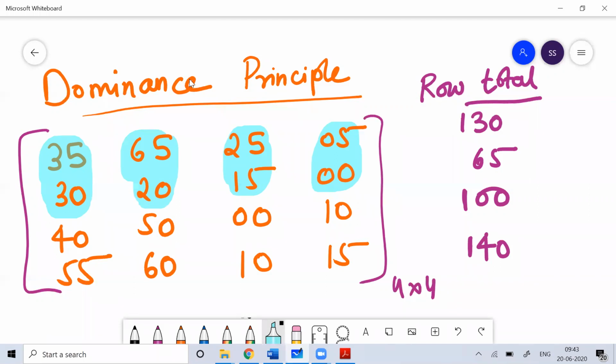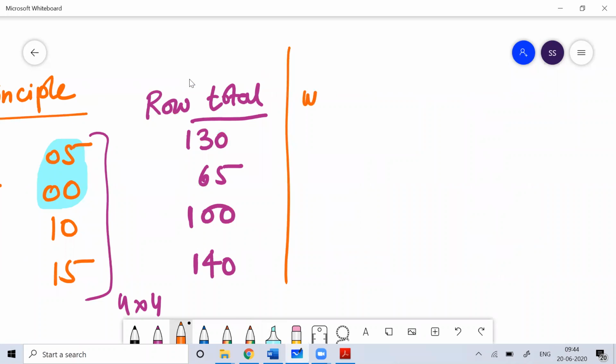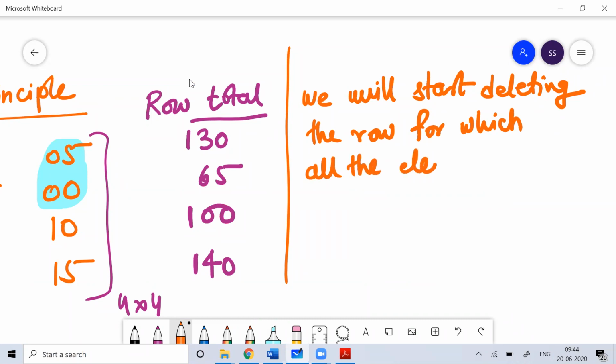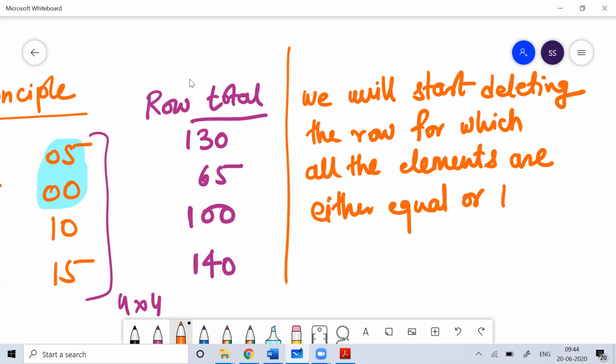Okay, so what does the dominance principle say? The dominance principle says that we will start deleting the row for which all the elements are either equal to or less than all the elements of the other row.